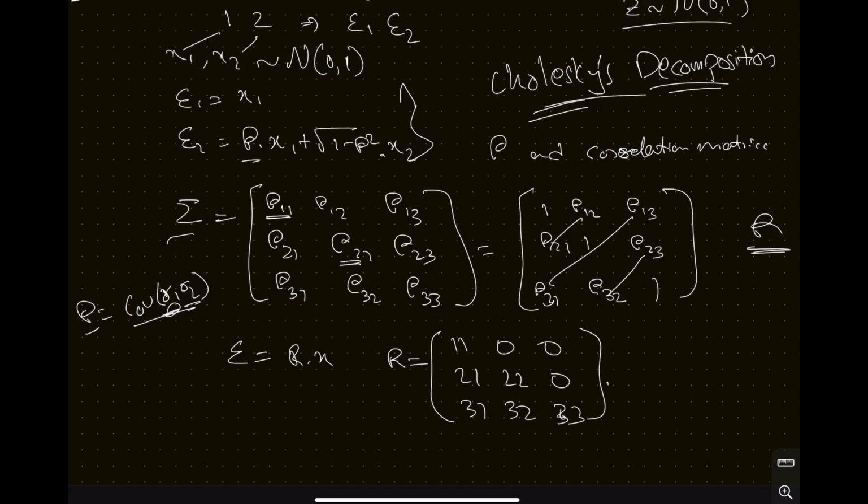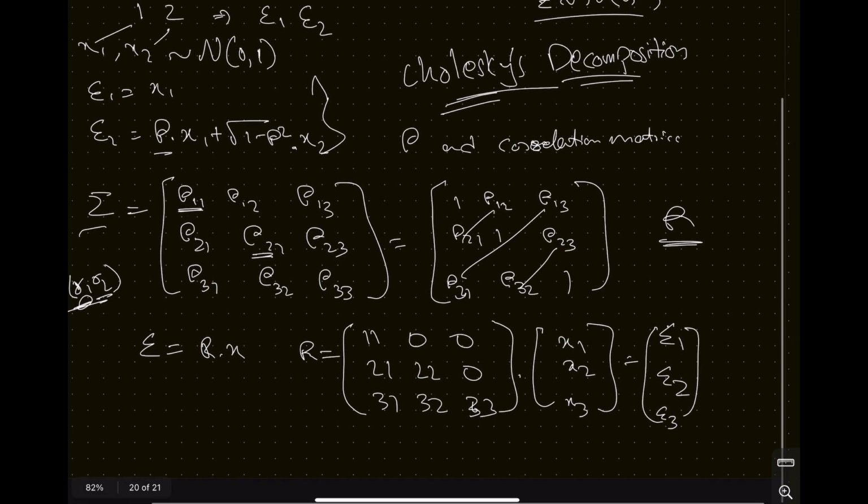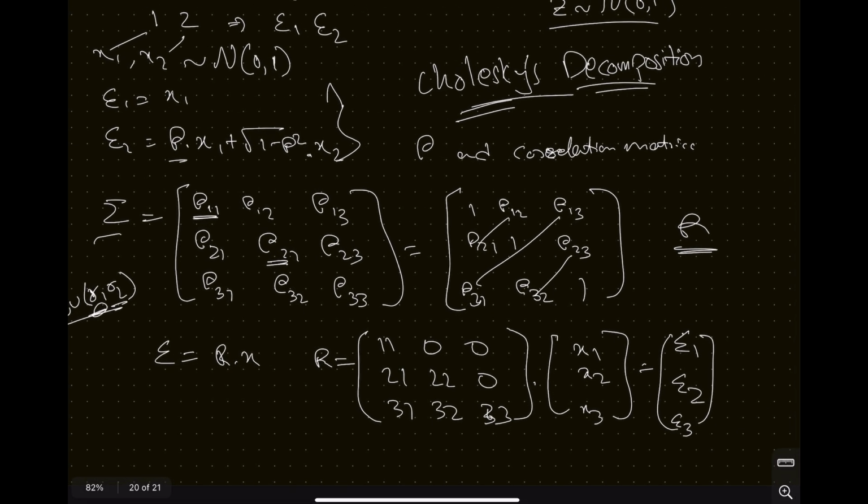Only the lower triangular matrix is used, multiplied by x1, x2, x3. We get epsilon 1, epsilon 2, epsilon 3. These are the actual correlated random values that we will be generating.